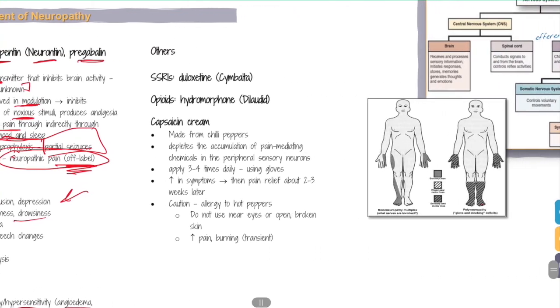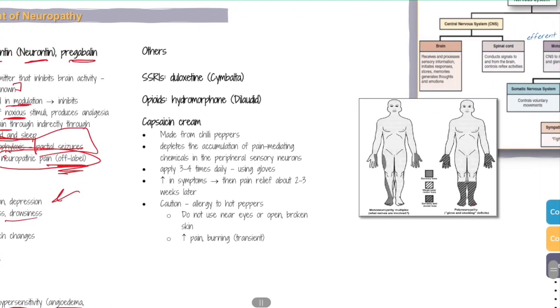Other medications we might use are SSRIs, selective serotonin reuptake inhibitors. Similar to the tricyclics for this, they keep serotonin in the system and hopefully will have an effect on the pain that way. It will also have the added effect of increasing serotonin for mental health issues, which is good.